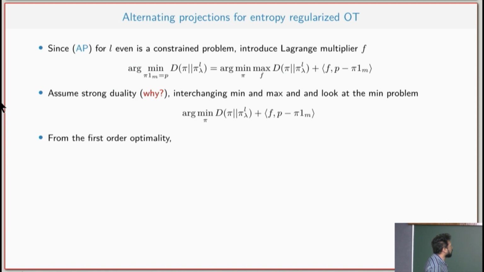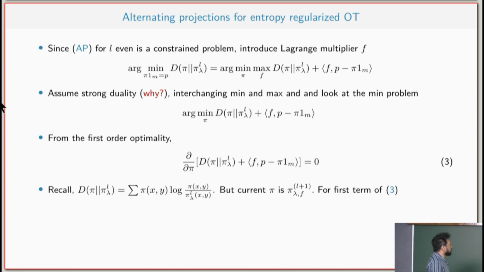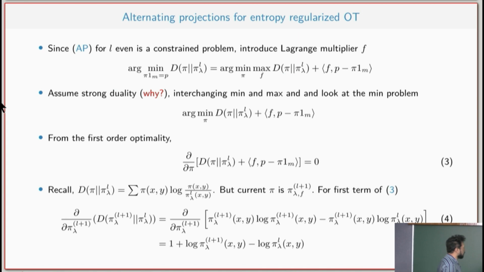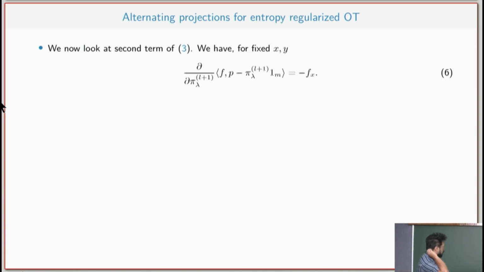Then we can swap the min-max thanks to strong duality, because there are no inequality constraints to check; strong duality is valid trivially. So we put the min on that side and look at the min problem. Then we set the first order optimality condition to 0, and from there we solve for the iterates, and all this we did in the last class.